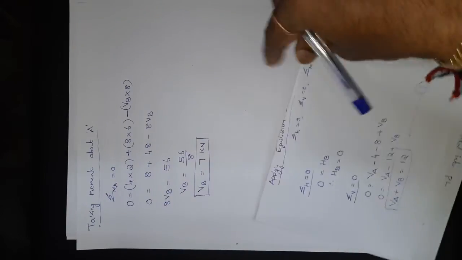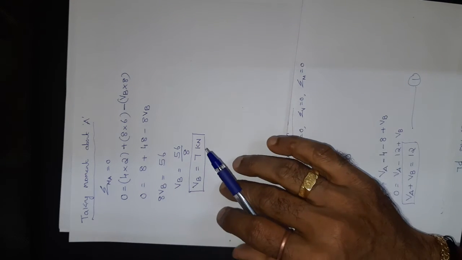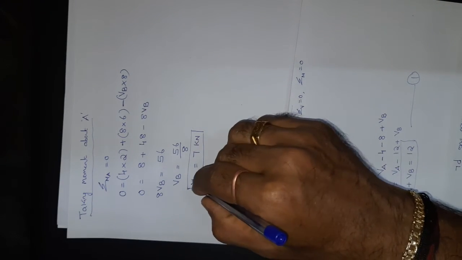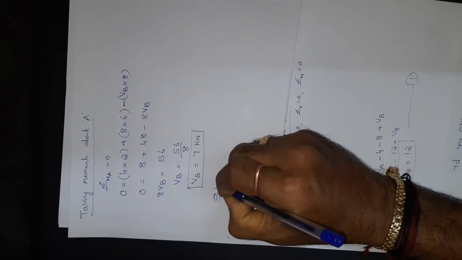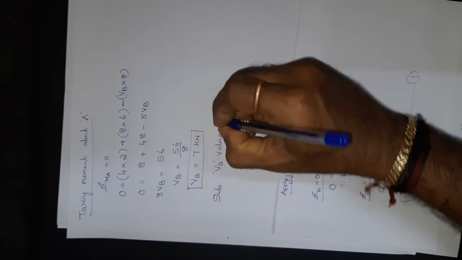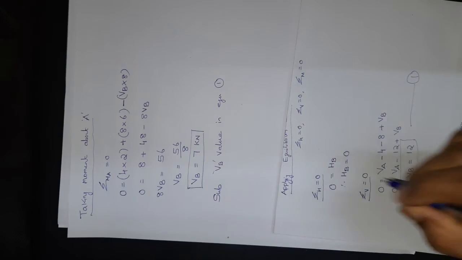So in equation 1, what it says is VA plus VB is equal to 12. So VB has been arrived at here. So I am going to substitute this VB value in equation 1.